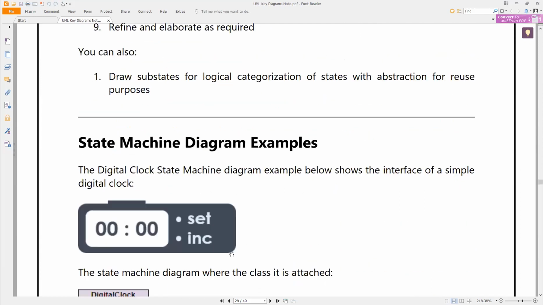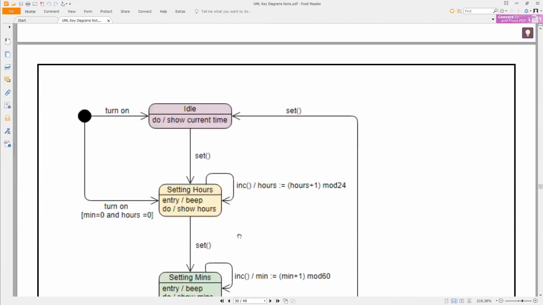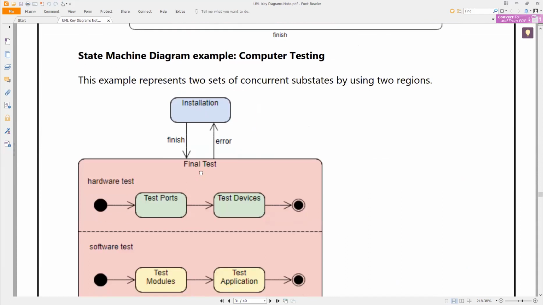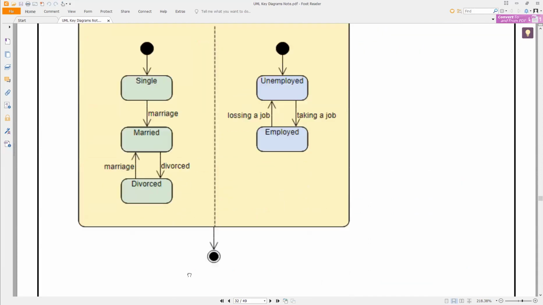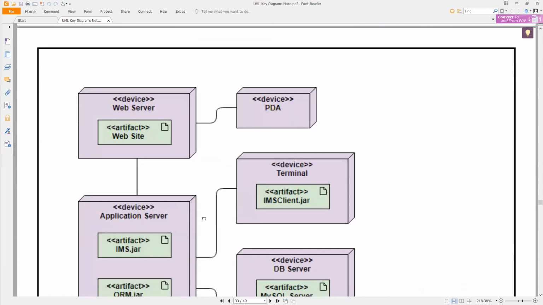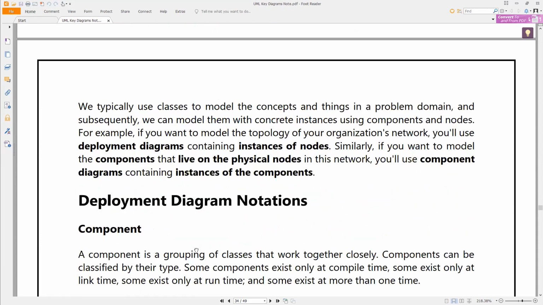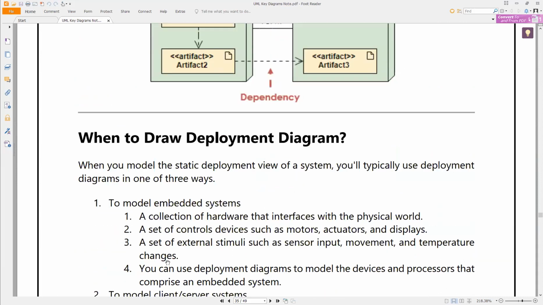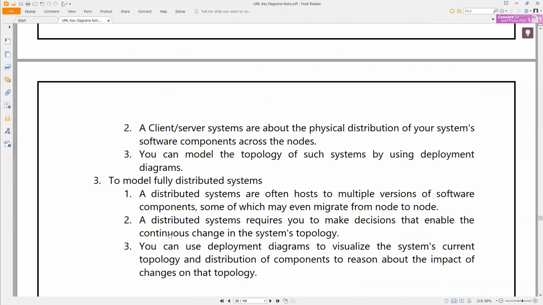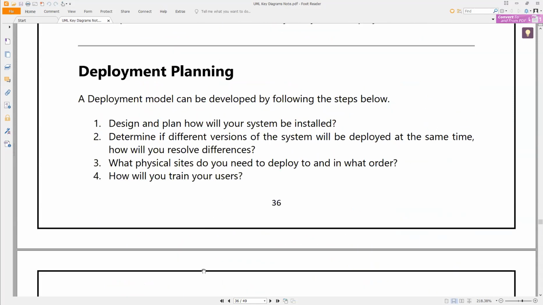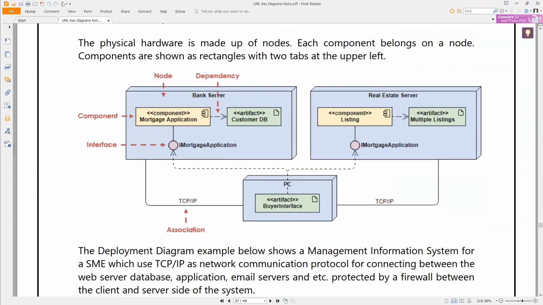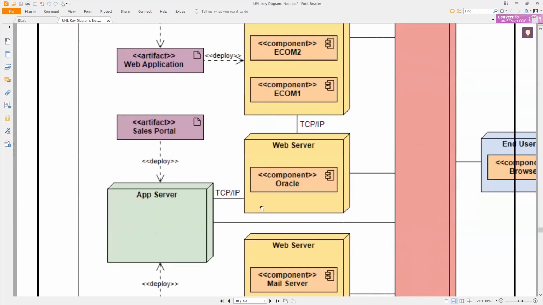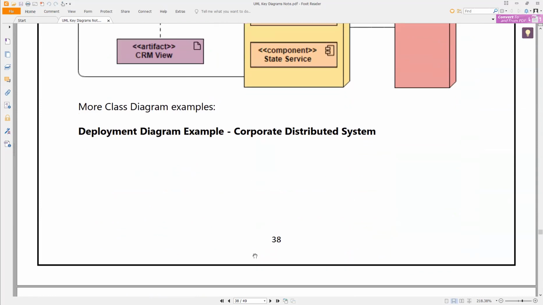After state diagram, we have a deployment diagram and the package diagram. We might also think of functional diagram. So maybe next time we'll introduce those diagrams. They are very important as well. But as I said, the sky is the limit. You can keep exploring more and more. But definitely we can take you through those ones.